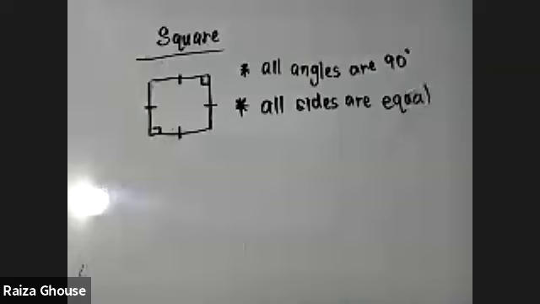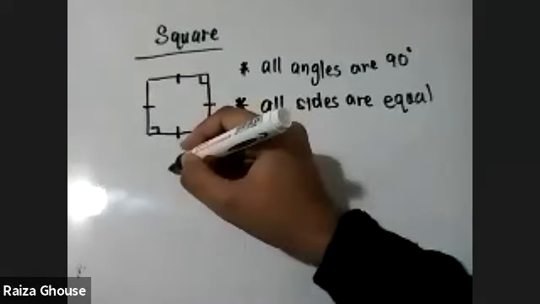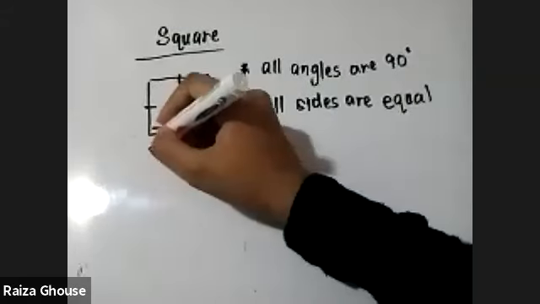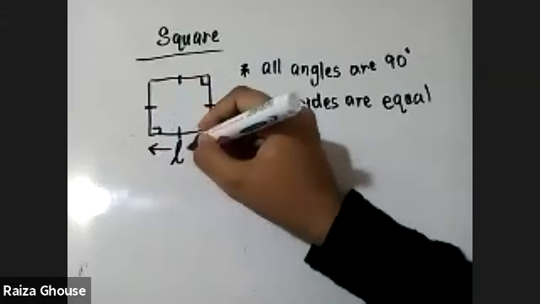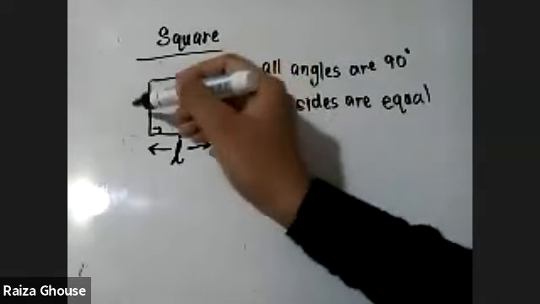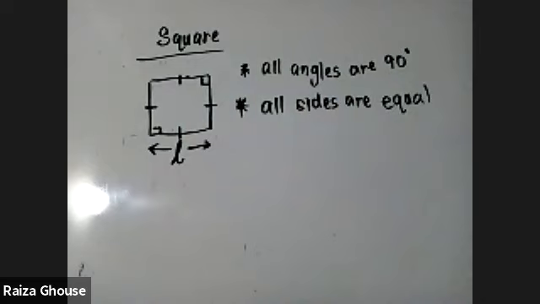So the formula for the perimeter of a square is quite simple compared to the rectangle. Here, look at this now. If I take one side of a square and imagine it as L, one side of a square is L. Definitely all the sides are L, because I told you all sides are equal.